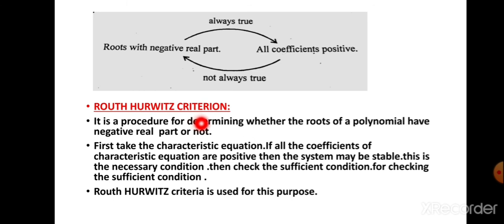Given a polynomial with coefficients a0, a1, up to an, if you find that they are positive, you still cannot predict that the system is stable. Then, by using the Hurwitz criterion, you can check whether the system is stable or not.